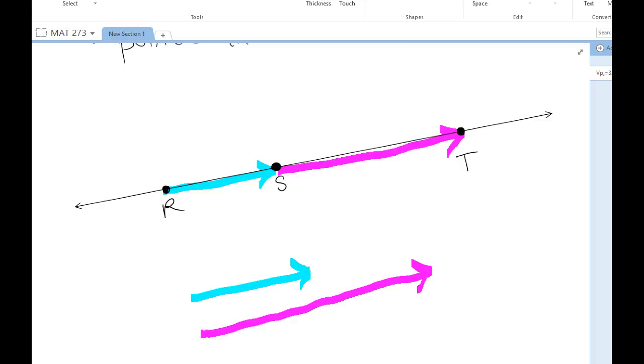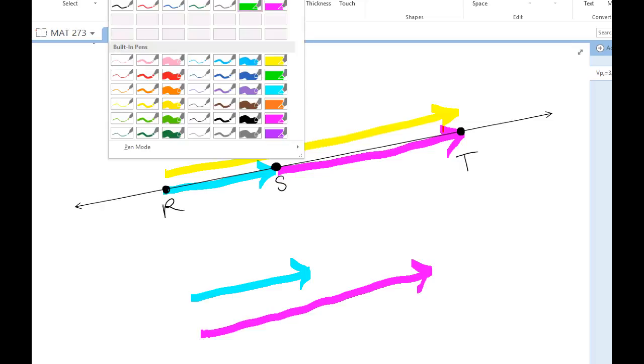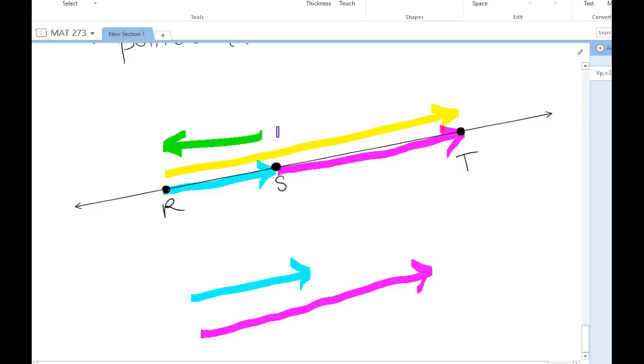So you also could have made RT. You also could have made SR. But you have to make sure all 3 points get used. We also could have made TR.